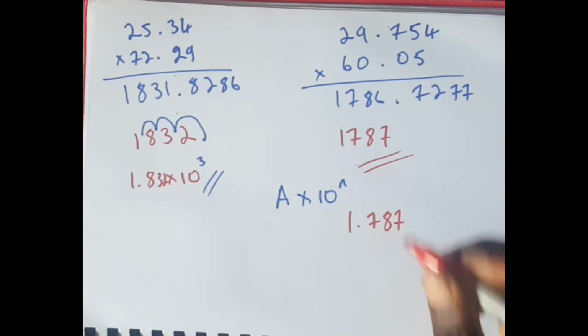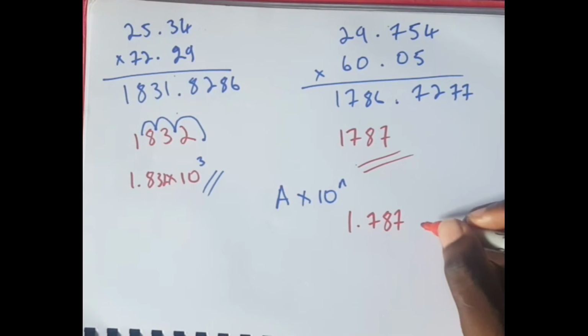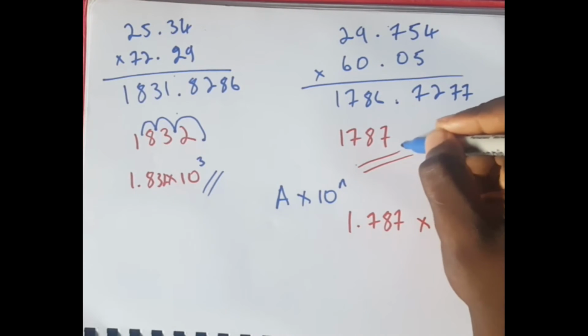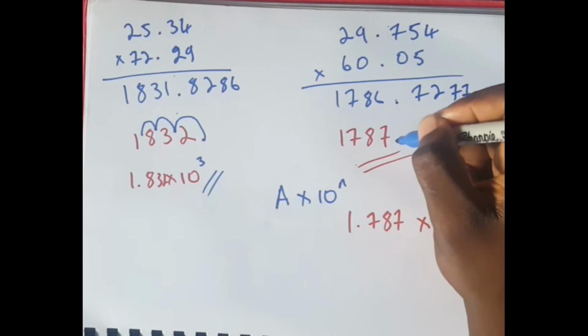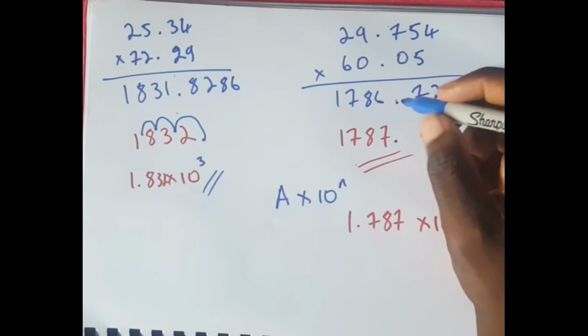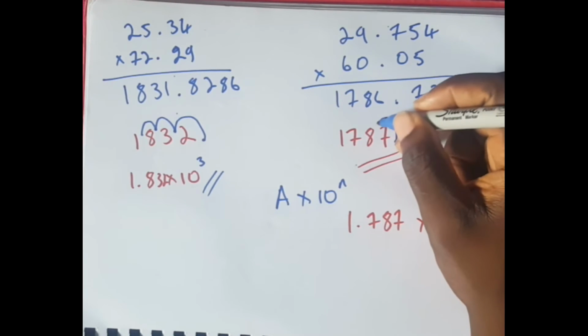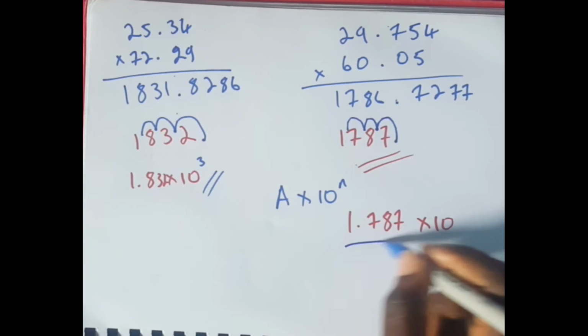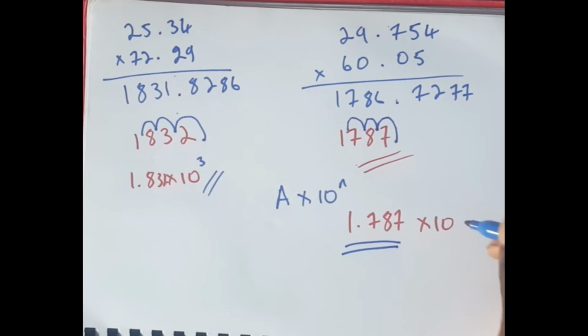Then I multiply it by 10 raised to a power. How do I know which power that is? I shift the decimal place in the original number. So from here, that's where the original decimal point would be, and I shift it 1, 2, 3 to get this number here. So I know that this would be a 3 for the index.